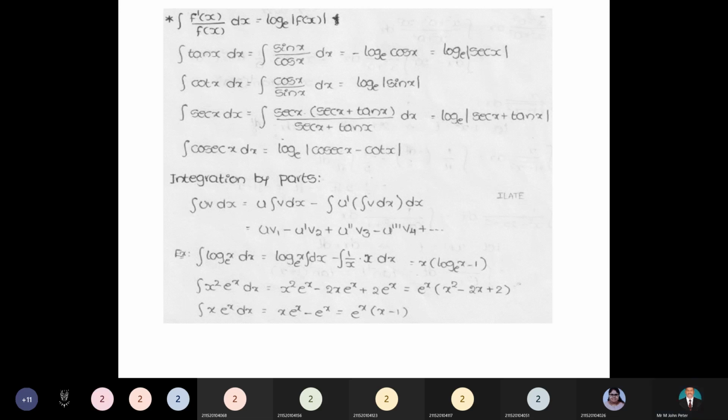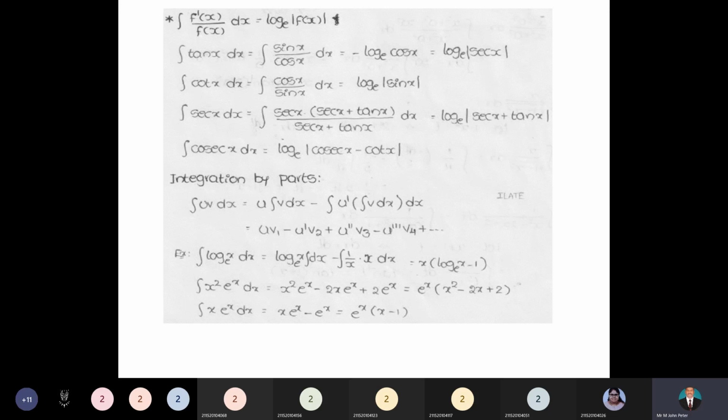Then v1 you have to put, so integral of 1 by x into x. Eliminating the numerator and denominator x, you will get x. So you can take x common, x inside the bracket log base e x minus 1. That is the integration of log x dx.